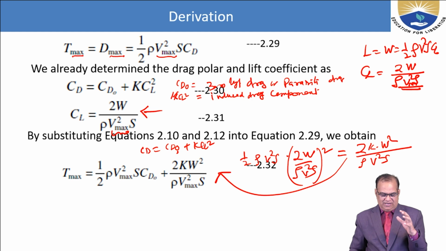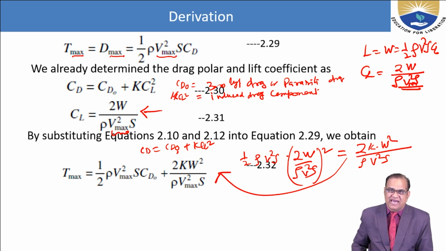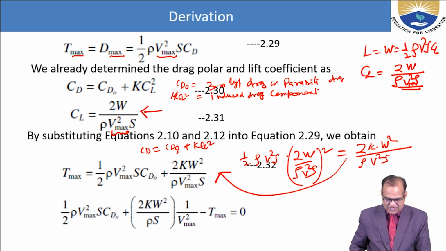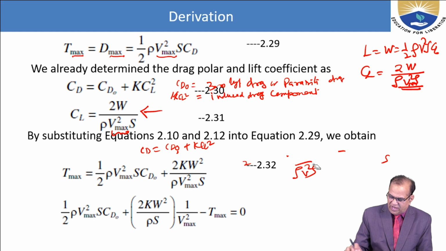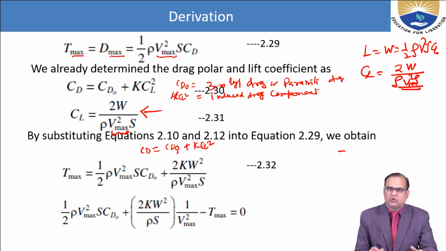So total thrust maximum is equal to half rho V square maximum S CD naught plus 2K W square over rho V square maximum S. This is the equation. To have this maximum, we can write half rho V square S CD naught plus 2K W square over rho S times 1 by V square minus T max is equal to 0.